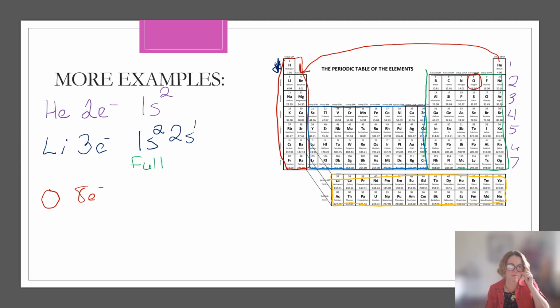And one thing I forgot to mention, you can double check yourself to make sure the configuration is correct by adding up how many electrons you have. So for lithium, I had 2 electrons in 1s, 1 electron in 2s, and if I add those together, that gives me 3 electrons, which matches exactly how many electrons are in lithium.